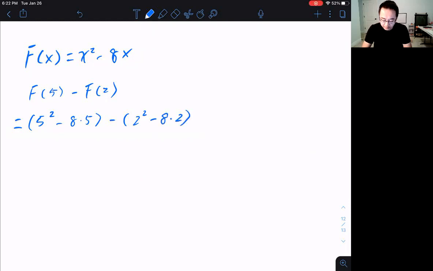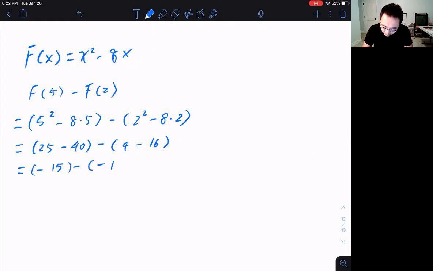And if you calculate this out, this equals 25 minus 40 minus 4 minus 16, and that gives you negative 15 minus negative 12, which is plus 12, so that gives you negative 3.